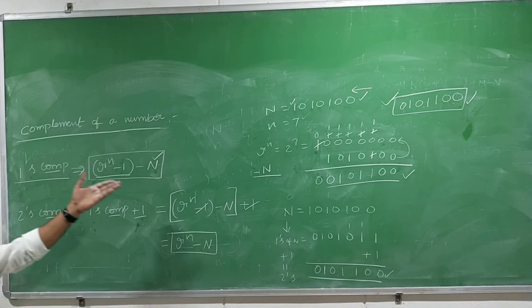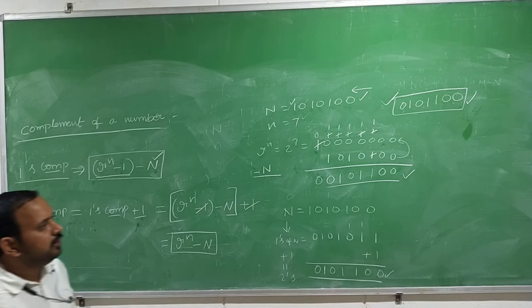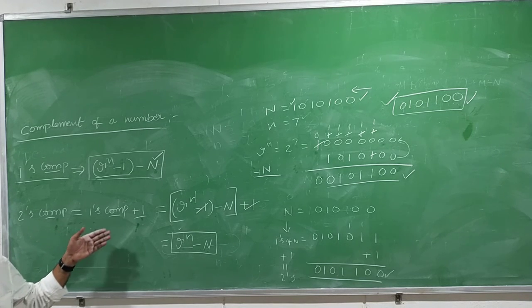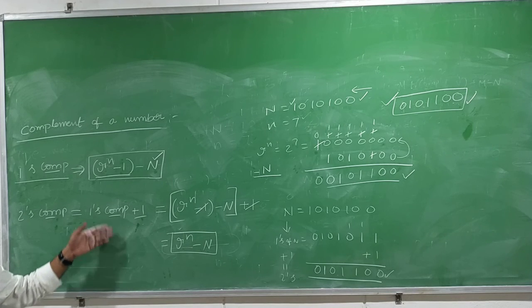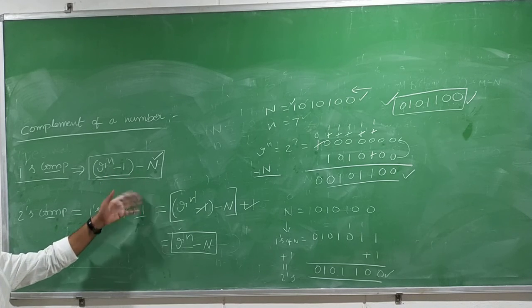So in the 9's complement method, you subtract the given number from 9. In the 7's complement method, you subtract the given number from 7, and in 15's complement, from 15, as in 1's complement we subtract the given number from 1, right?